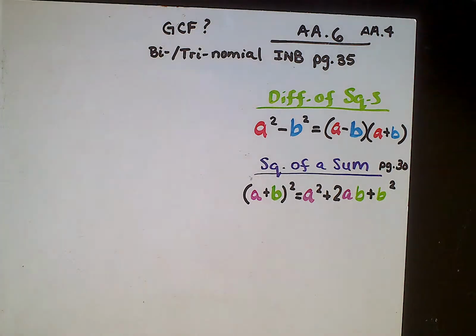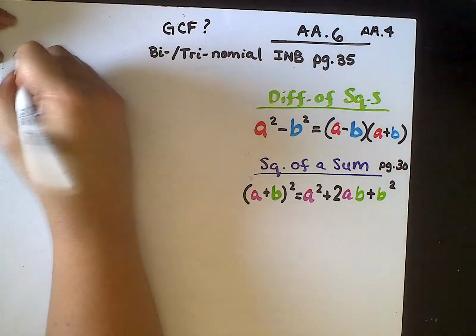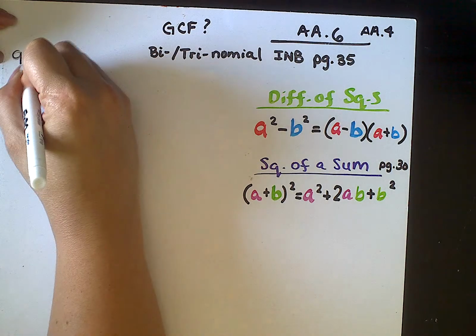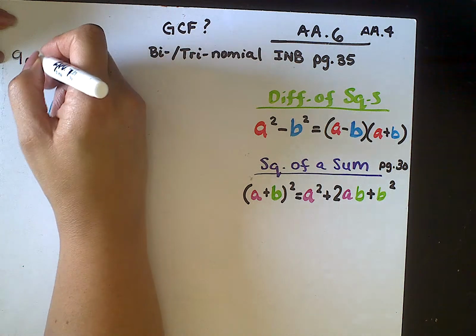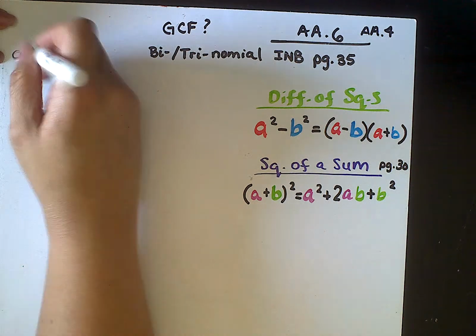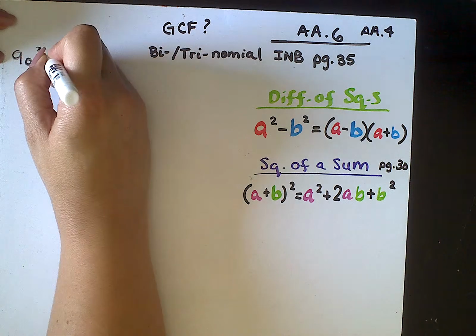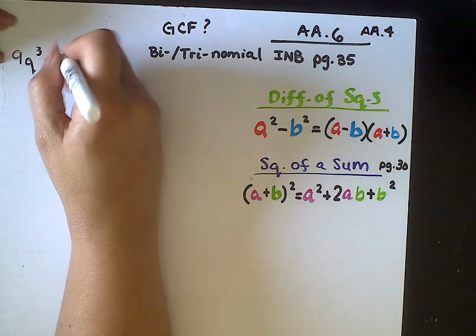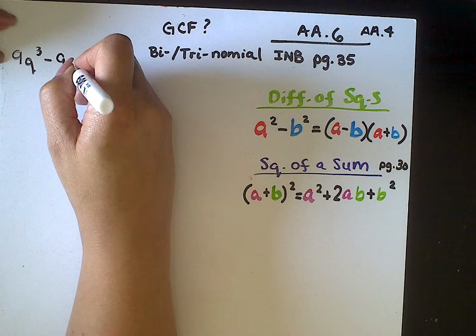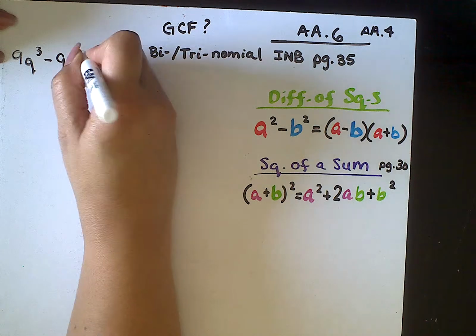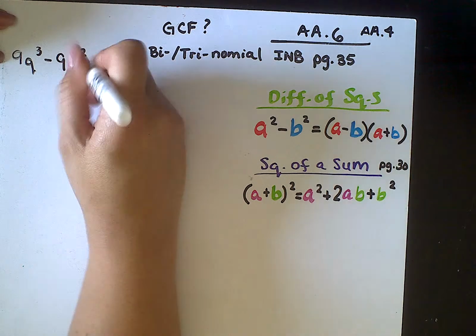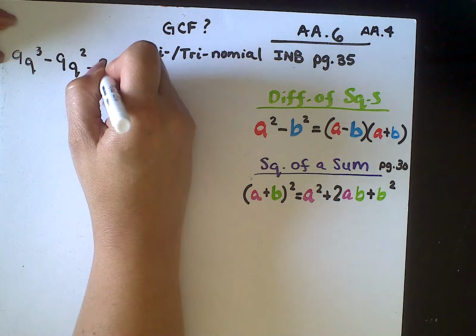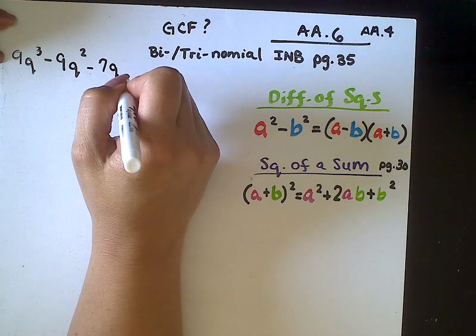All right, there we go. Thank you. So you have 9q cubed minus 9q squared minus 7q plus 7.